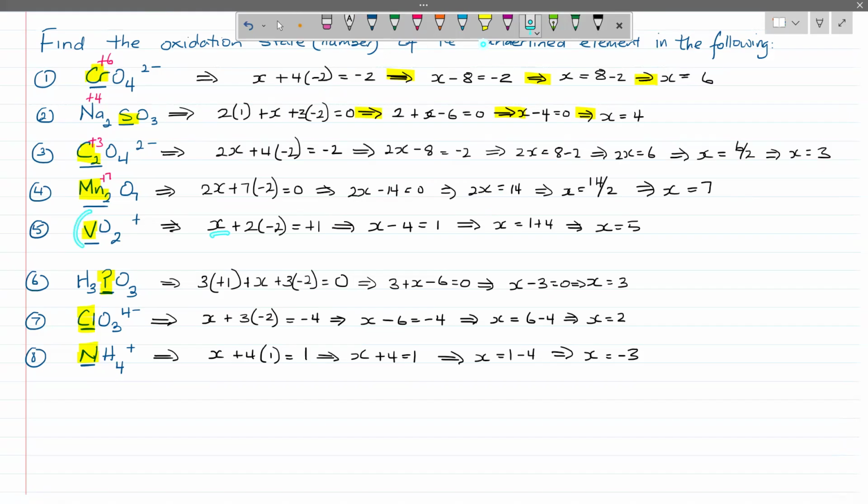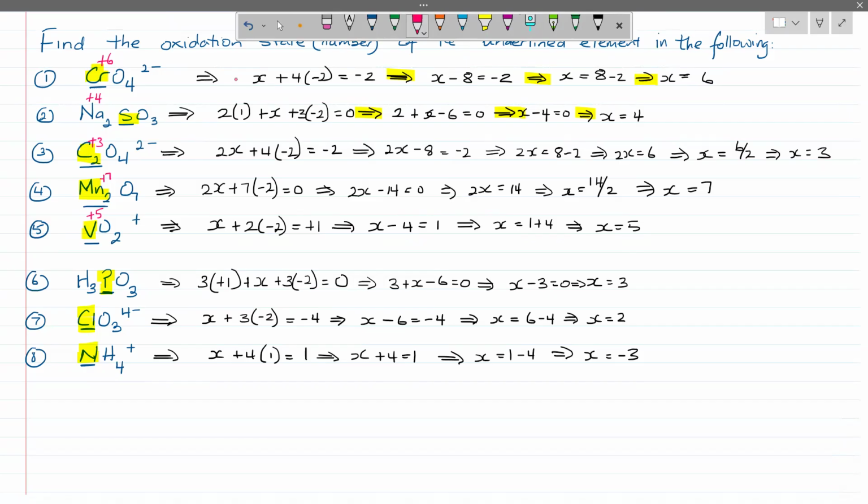X to replace the V. 2 O's. The overall charge is +1, so you have to put it equal to +1. Next, we're working out 2 by -2. That'll give us -4. Move that across. 1 plus 4 will give us 5. Hydrogen will be +1.